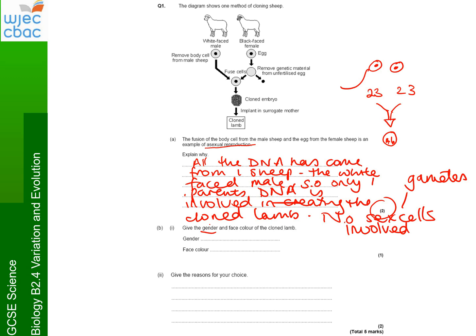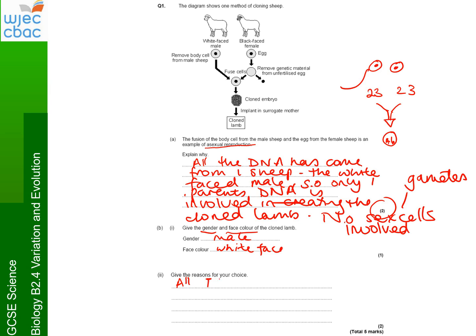Give the gender, that is the sex, and the face colour of the cloned lamb. Well, if it's a clone of this one here, it's going to have a white face and it's going to be male. Give the reasons for your choice. Notice reasons, okay? Because all of the DNA will have come from the body cell from the male sheep.